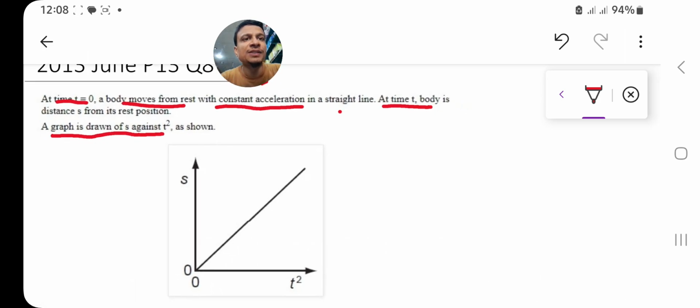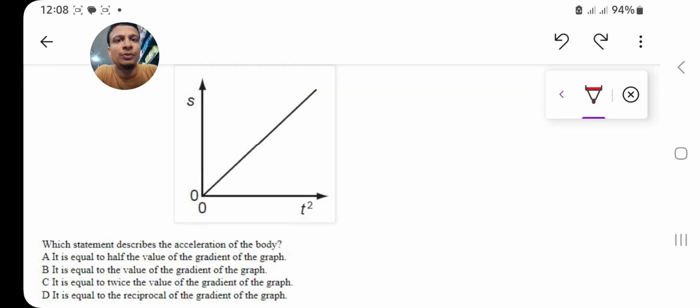So they are asking which statement describes the acceleration of the body. Either it is equal to half the gradient, twice the gradient of this graph, or the reciprocal of the gradient.